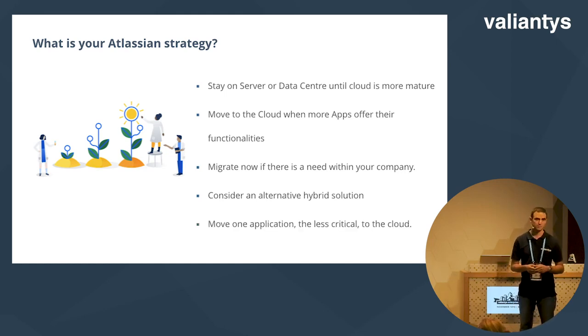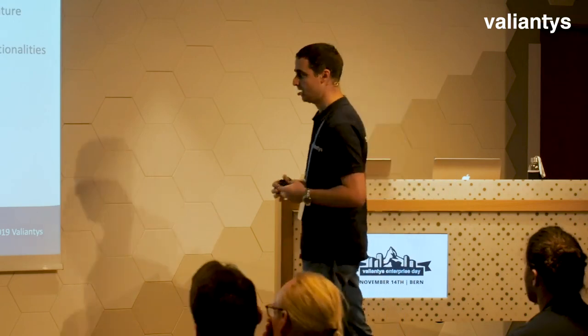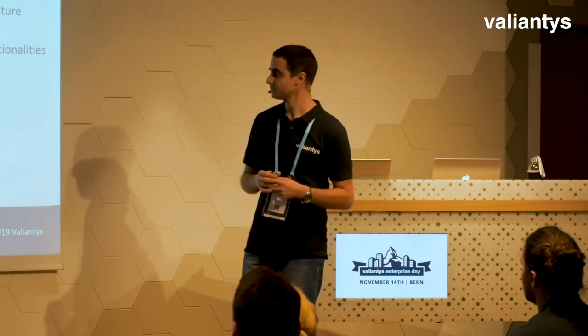Or start to move some of the less critical applications to the cloud. I know some people I talked with here today have a couple of applications on the cloud and others on the server. An example would be to have your Confluence on the cloud, where you can have access to documentation, and keep using Jira on the server until you are ready to move to the cloud as well.